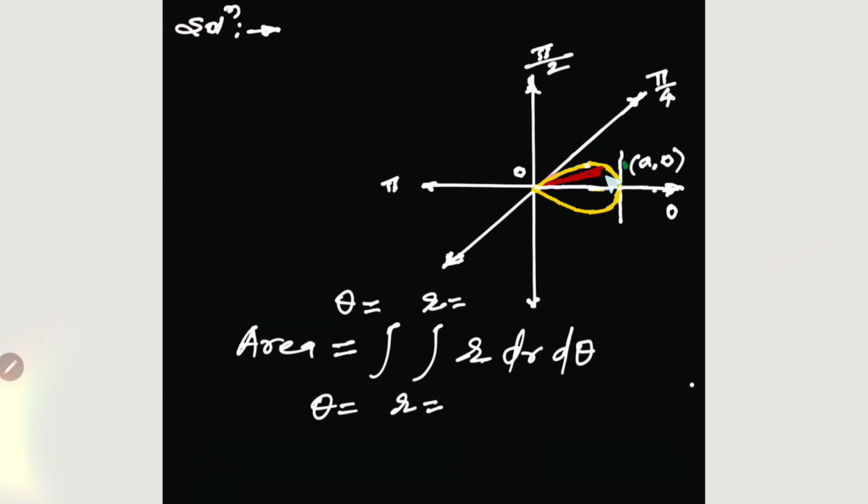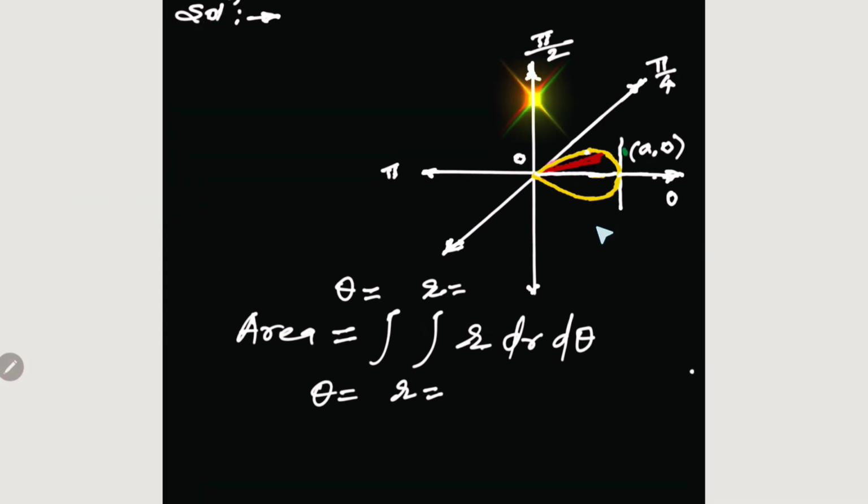I have shown that elongated strip in red color, whose lower end is on the pole and upper end on that curve. What is the equation of this curve? It is r is equal to a cos 2 theta. I am considering this half part of the curve above the initial line, and then we can make it twice to get the complete area. Therefore, here I am making twice.